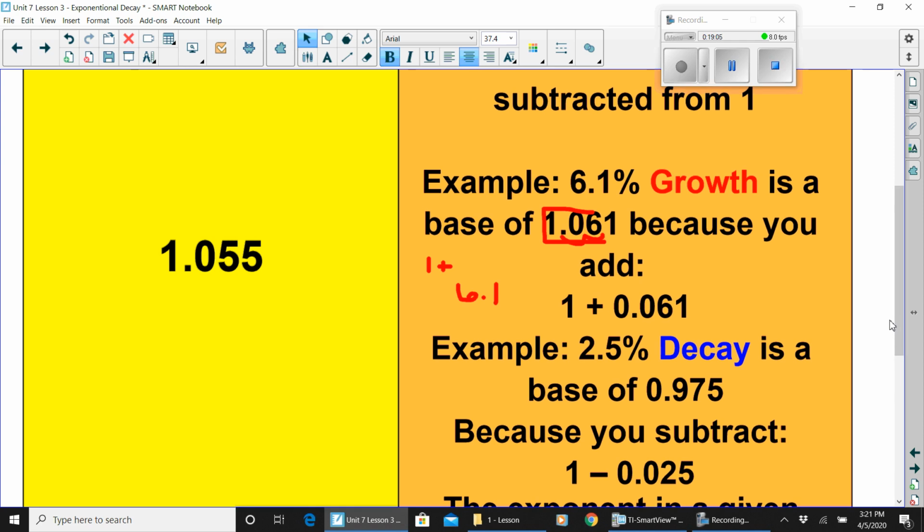If you said growth, then you're correct, because that number is greater than 1. Since you know it's growth, it would be 1 plus, and then you would have to give me the percentage of that growth. Does anybody know what that percentage would be? 5.5%. That's what the growth would be.